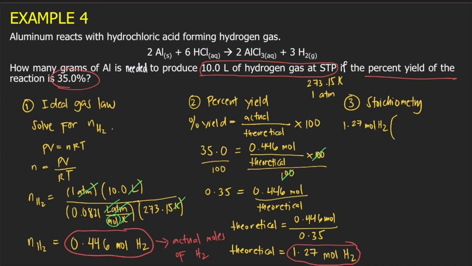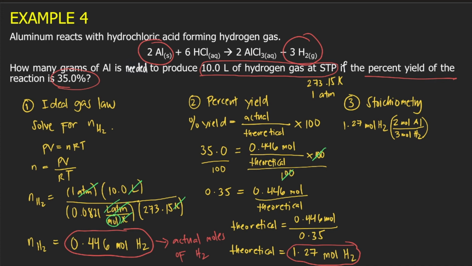According to the balanced equation, what is the relationship of H2 and aluminum? Because the question is asking for how many grams of aluminum. So let's look at the relationship of H2 and aluminum. 3 H2, 2 aluminum. So you put that into your equation. 3 moles of H2 on the bottom, and then 2 moles of aluminum on top.